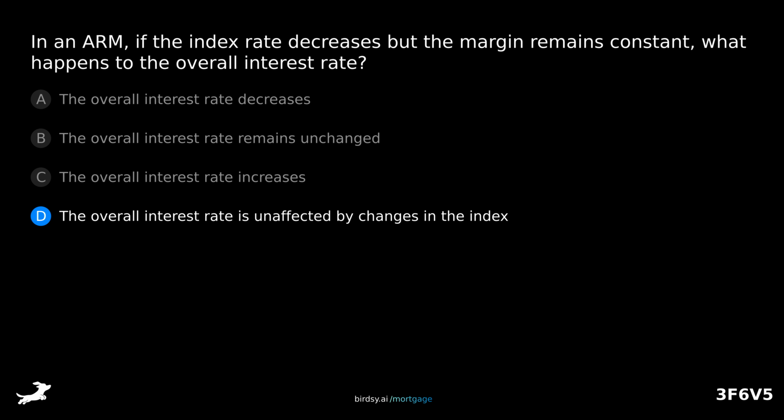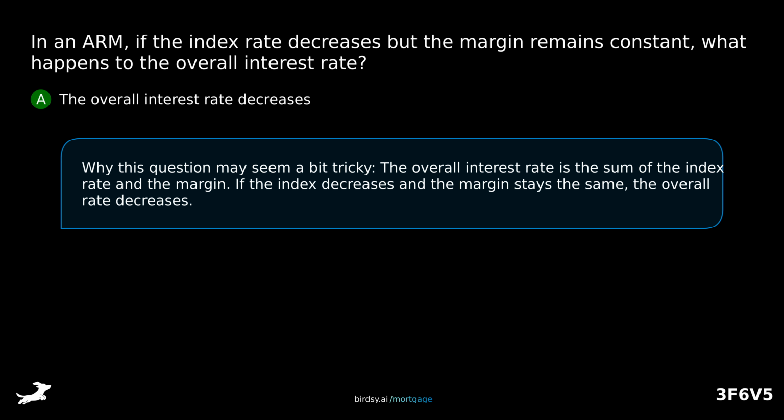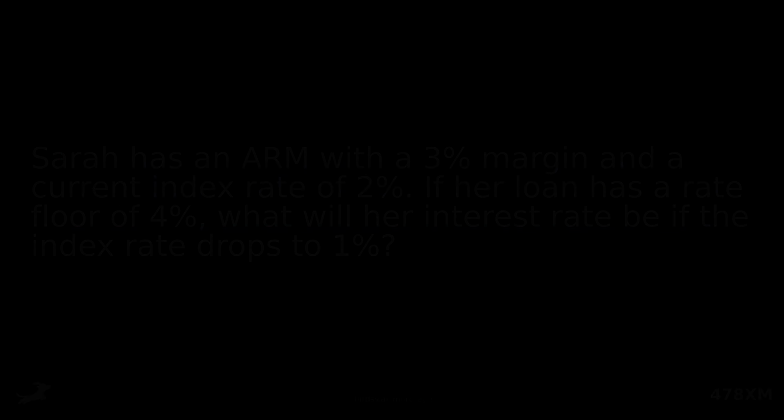Or D, the overall interest rate is unaffected by changes in the index? The answer is A, the overall interest rate decreases. Why this question may seem a bit tricky: the overall interest rate is the sum of the index rate and the margin. If the index decreases and the margin stays the same, the overall rate decreases.